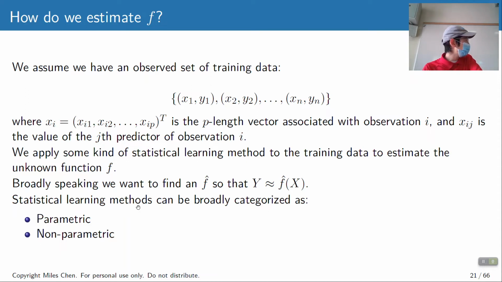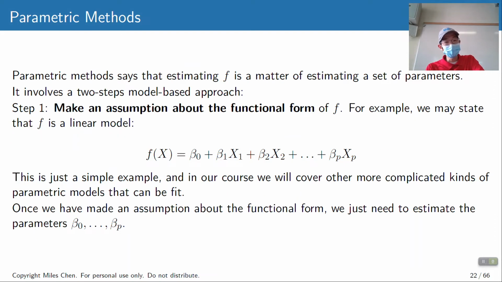Learning methods can be broadly categorized as either parametric or non-parametric. Linear regression counts as a parametric learning method. We also have non-parametric ones. Parametric methods basically say that estimating this model f is a matter of estimating parameters. We just have to figure out the parameters, and so we have to assume some kind of functional form.